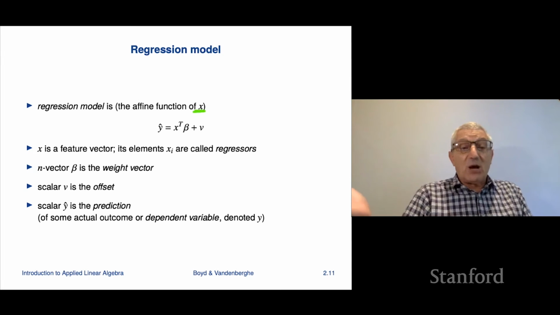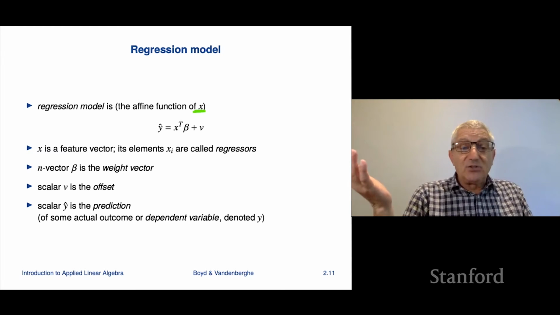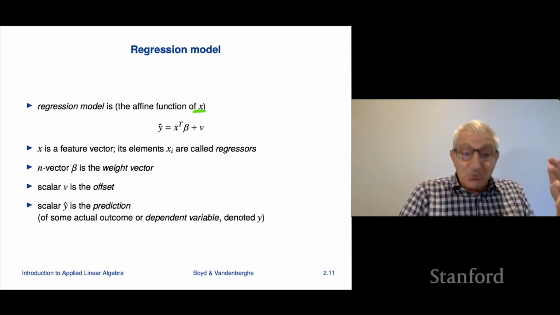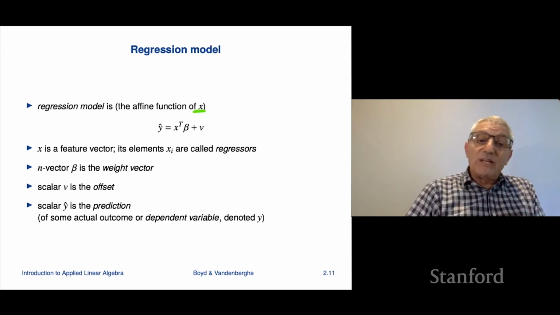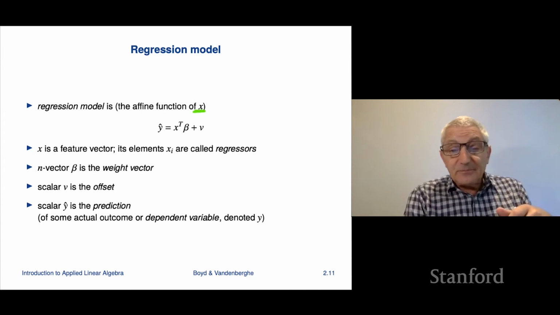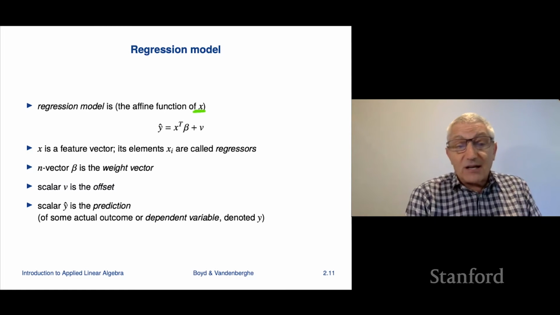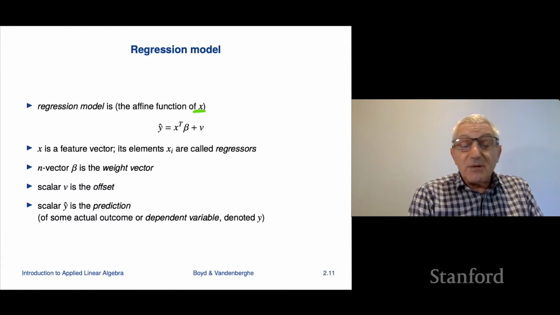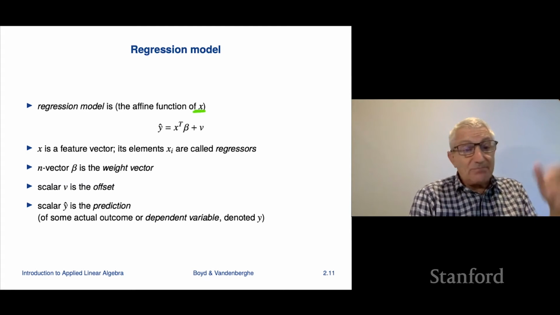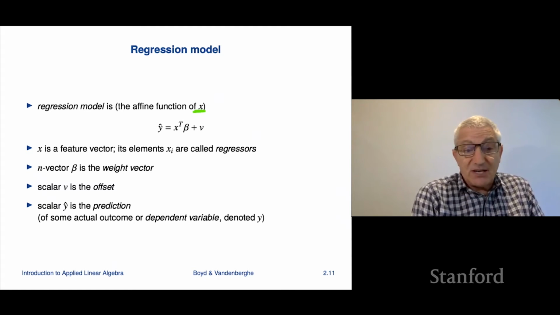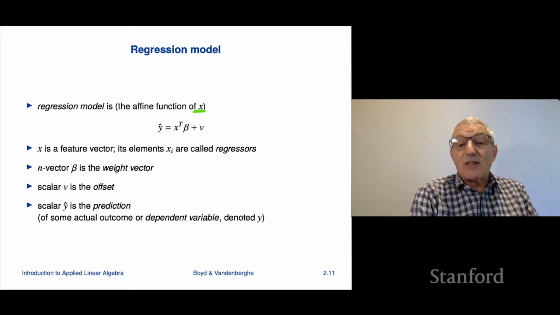Of course, we don't know it because who knows? We have to see how they do and all that kind of stuff. But that's y. We know it after they've left the hospital. And let's say for a company, it could be what is going to be the return on their stock over the next quarter. Is it going to go up 5%? Down 10%? I don't know. We would call that y.